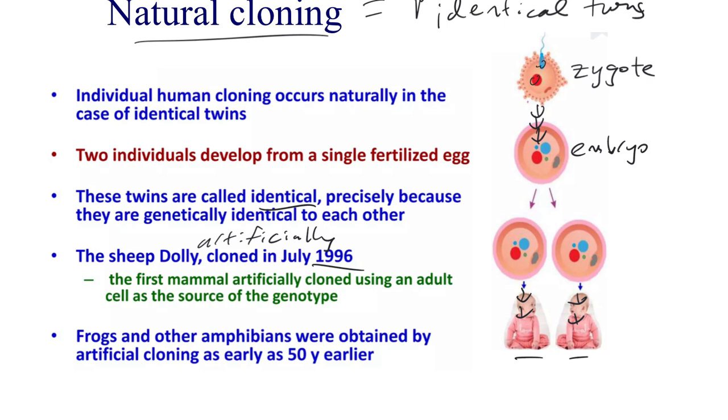You put that embryo into a surrogate mother that you prepped hormonally to carry a child, and that embryo develops into an identical twin to the animal that the nucleus is coming from.